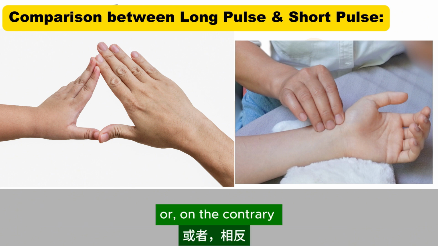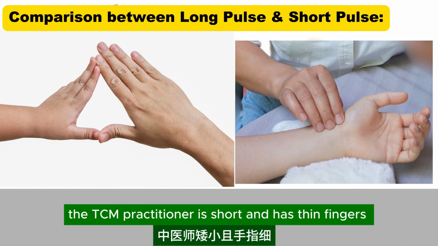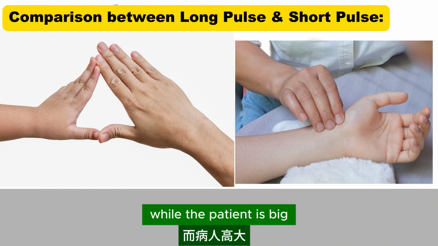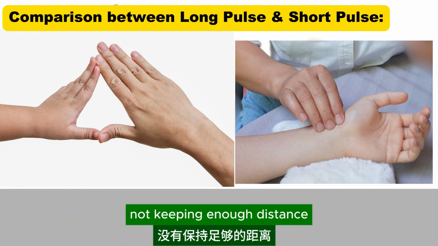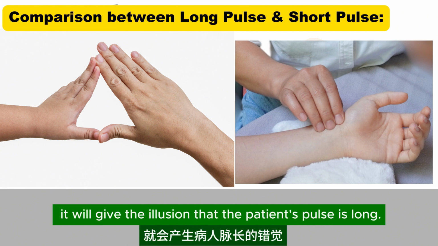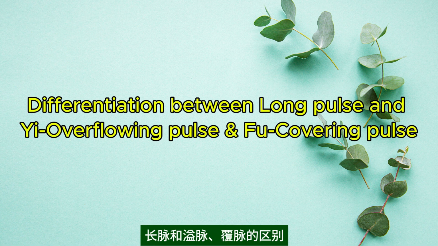Or, on the contrary, the TCM practitioner is short and has thin fingers, while the patient is big. If the practitioner places his fingers too densely, not keeping enough distance, it will give the illusion that the patient's pulse is long.